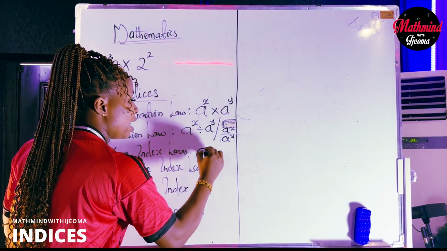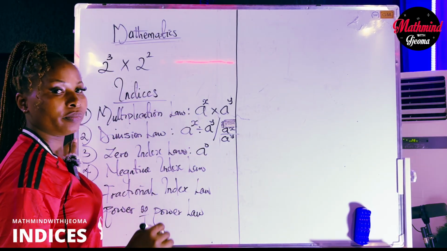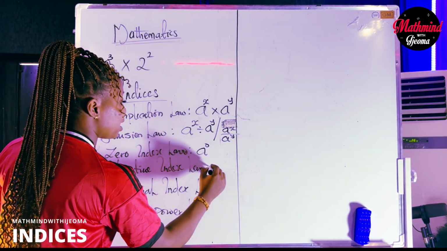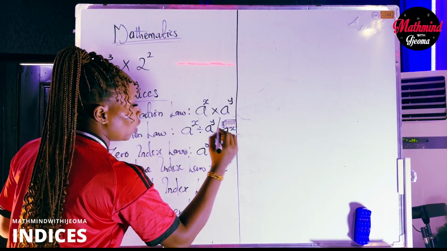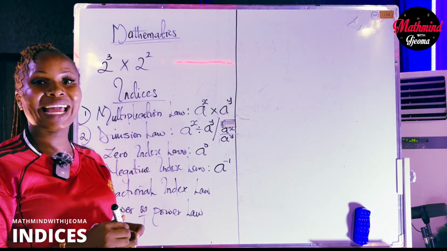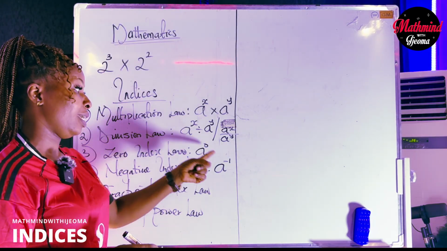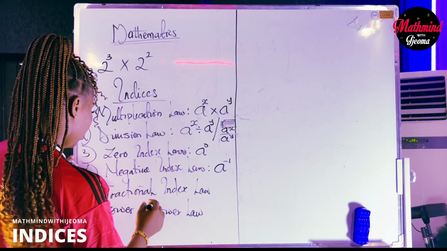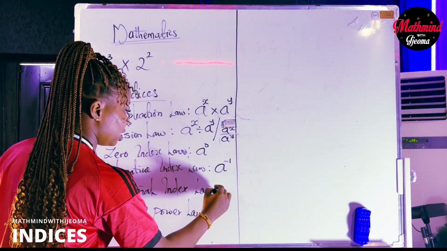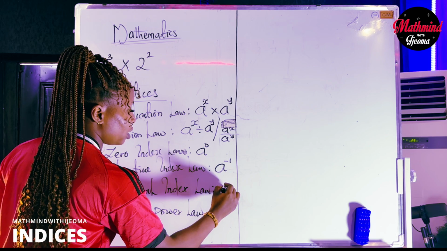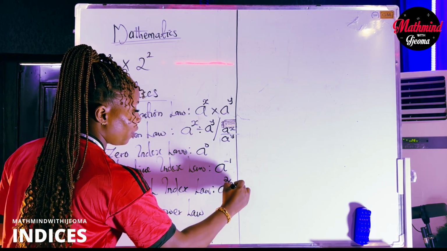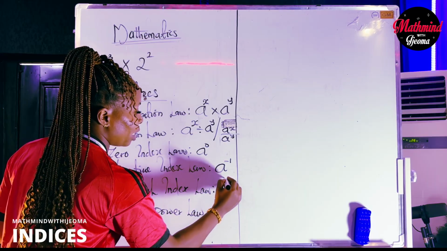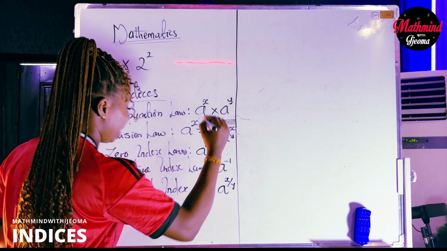Okay, zero index law. You can see a raised to power 0. Negative index law. You can see a raised to power minus 1 or any other power but negative. Fractional index law. You can see things like a raised to power 2 over 3. Okay, let's use alphabets, x over y.